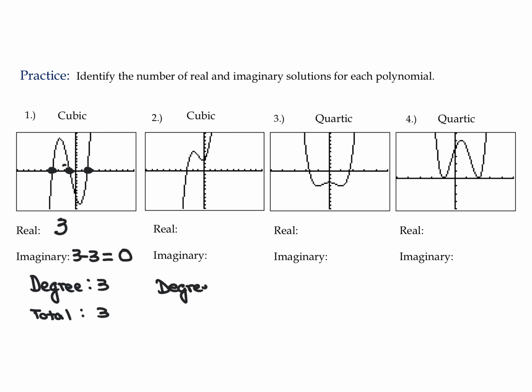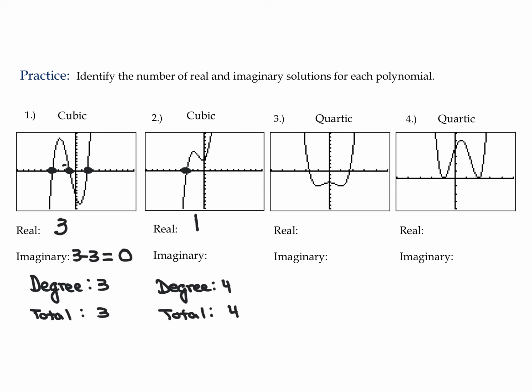On the second example, this is a cubic function. To find the real roots, I'm going to find the x-intercepts. The graph passes through the x-intercept to the other side, so that means that I have 1 real root. The multiplicity is 1.